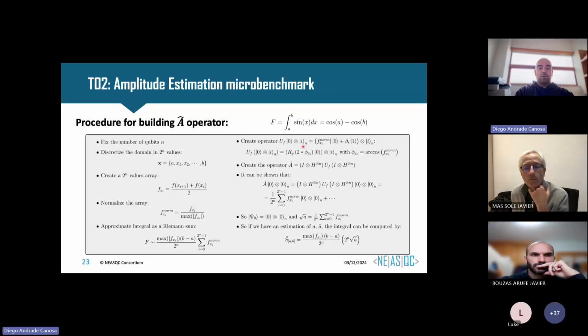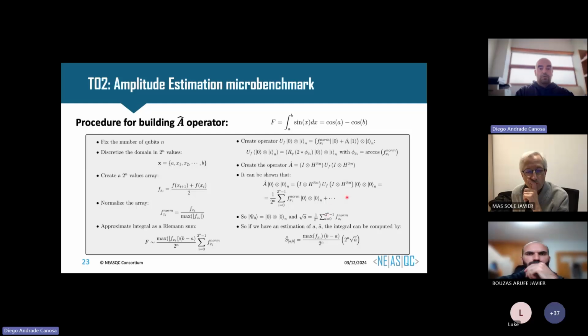First, we have to create an operator that corresponds to the encoding of the f function, being the f function, the integral of the sine function in a given interval. And once we have built this operator, we have proved that the eigenvalues of these operators are going to produce the appropriate value that can be used to calculate that integral.